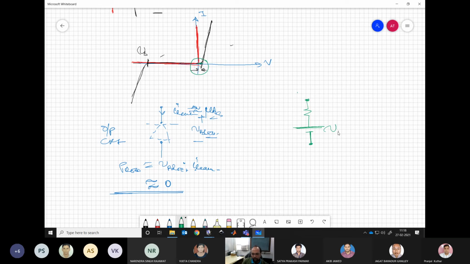This can be written as VD, which is almost, let's say, 0.7, 0.8 volts, and for power diodes it is a little more. The RD could have a value depending again on the design parameters of the diode, so it could be a few milliohms. Then if we have current conduction, of course, on the other side.